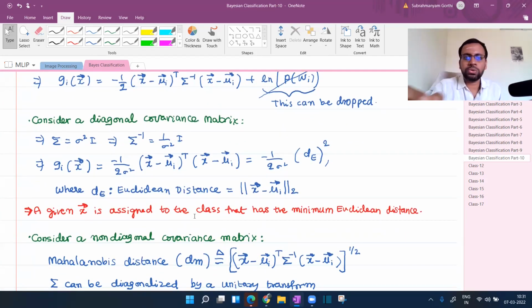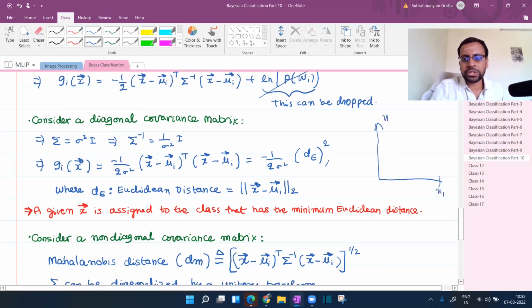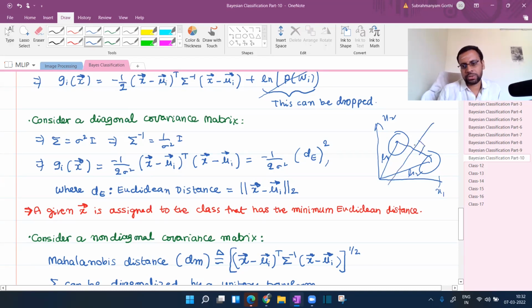How would you now make the assignment to the classes when you have this GI of x bar? Essentially, if you look at these classes, let's say you have x1, x2. Let's say this is your mu1, mu2. You have somewhere a line joining these. This is a diagonal matrix, so you draw a line perpendicular to it.